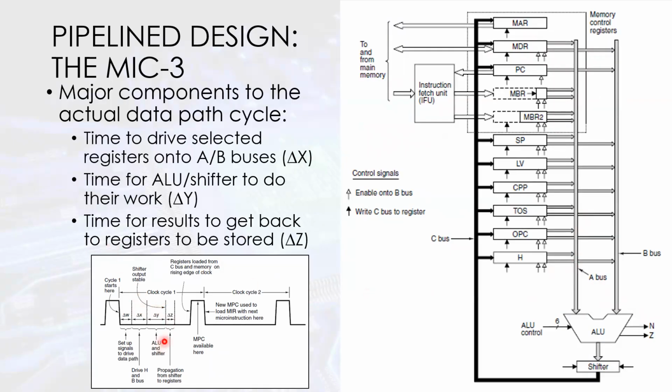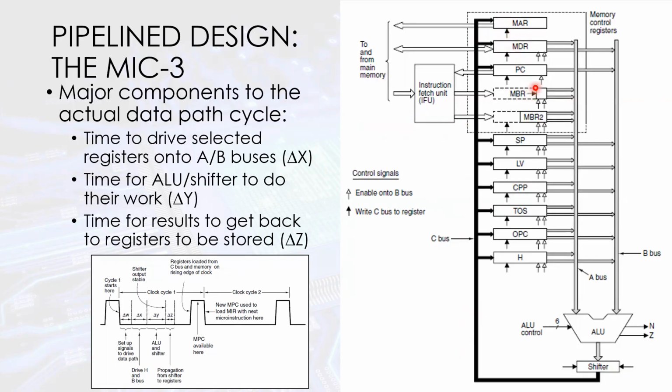And then the delta Y is basically how long it takes for the signal to propagate through the ALU and the shifter, in the worst case scenario. And then the delta Z is essentially, now that it's made it through the shifter, how long does it take to go all the way up to the furthest possible destination, which in this case is the MAR up here.